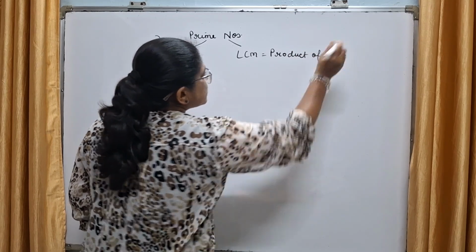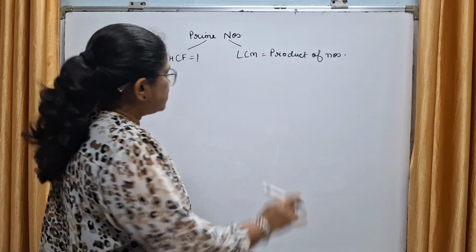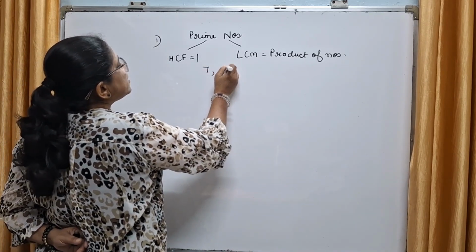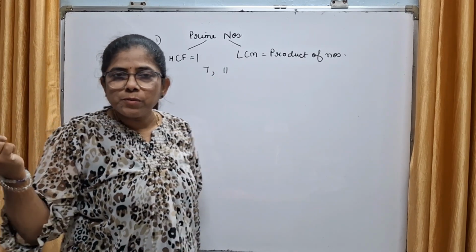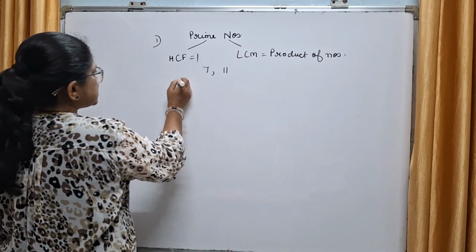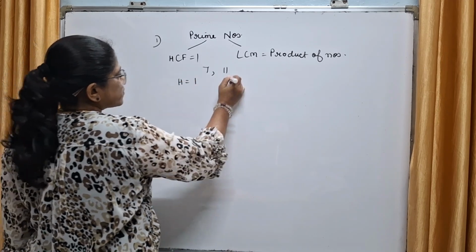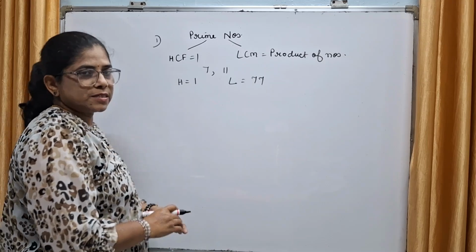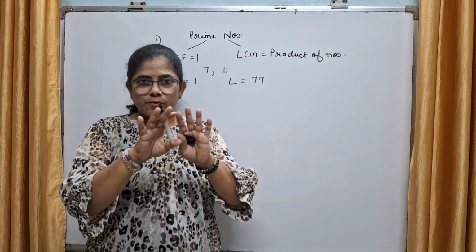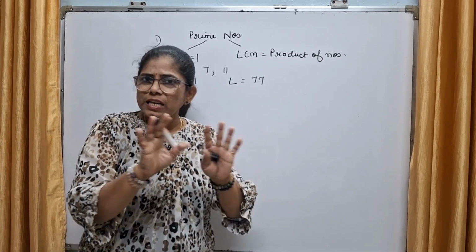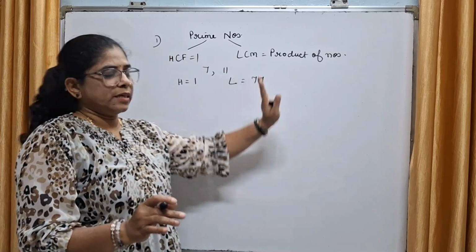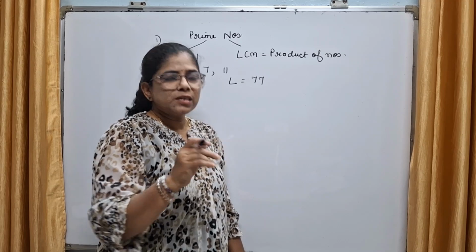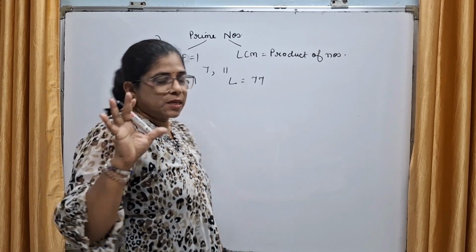For example, if the numbers are 7 and 11, both are prime numbers, then their HCF is 1 and LCM is the product straight away, 77. So HCF and LCM of prime numbers is like this. Whenever they ask HCF or LCM of the given numbers, just check what type of numbers they are.